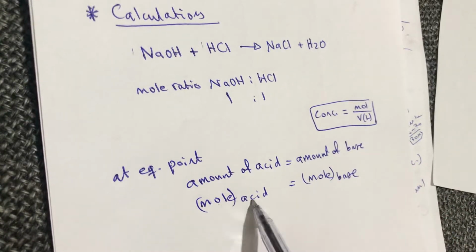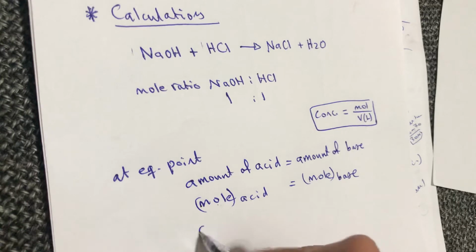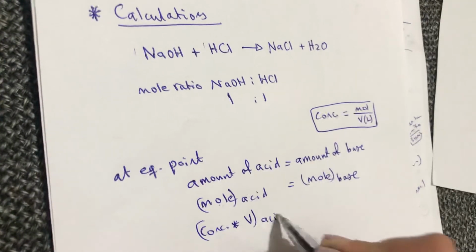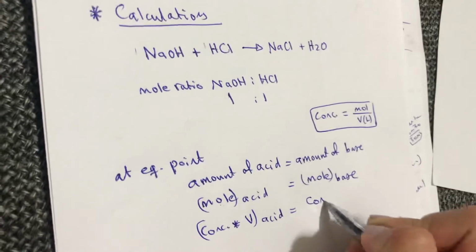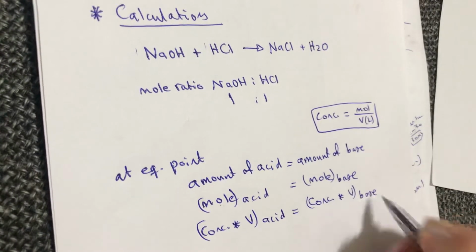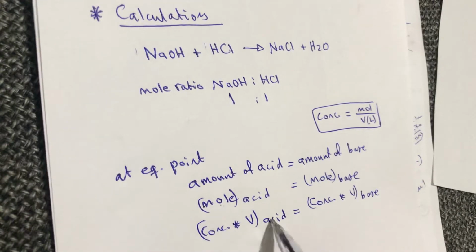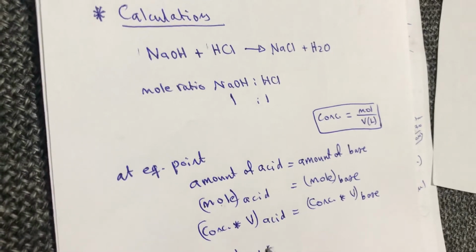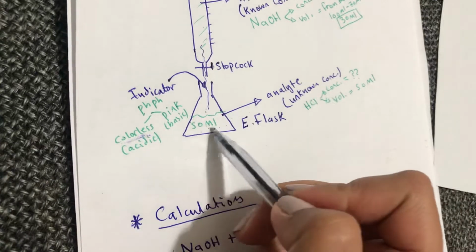So for the acid, concentration times volume for the acid equals concentration times volume for the base. The concentration of the acid is unknown, you have to calculate it. So concentration of acid times volume of the acid, 50 ml.